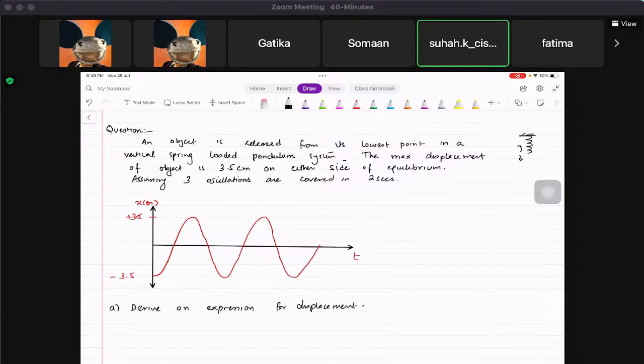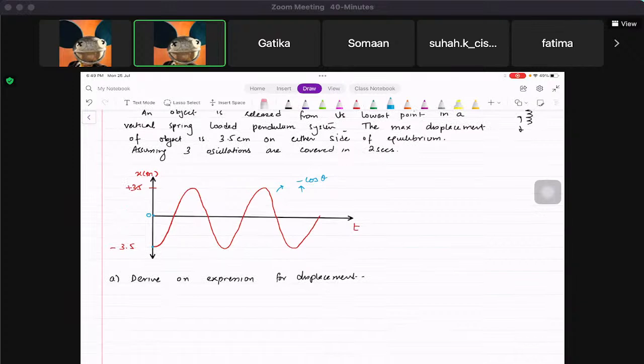A negative cos. That's correct. Very good. This is a negative cos theta graph. How do you know this? Because it starts from the negative value, so there has to be a negative sign, and a cos graph is always maximum when it is 0. Everybody understands this?